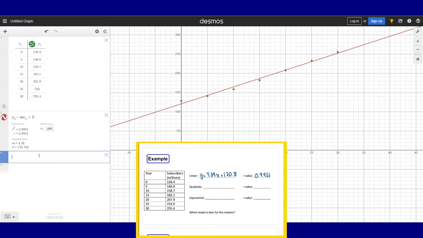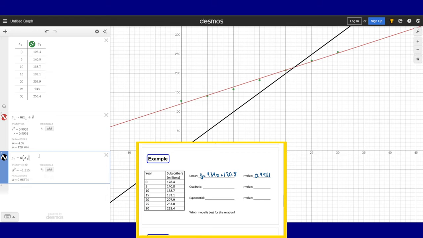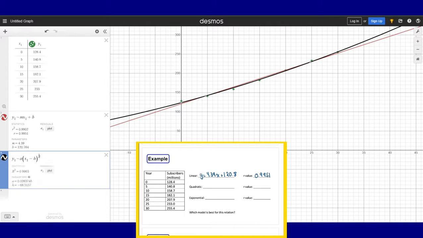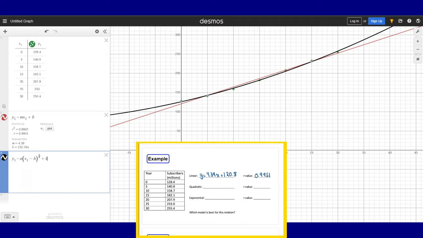Let's enter in our quadratic one right after it, just clicking below into a new box. So y1 ~ a(x1 - h)^2 + k. If I get rid of the red line, I have my quadratic model.